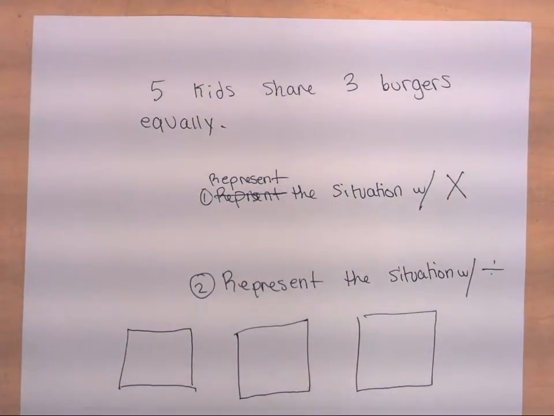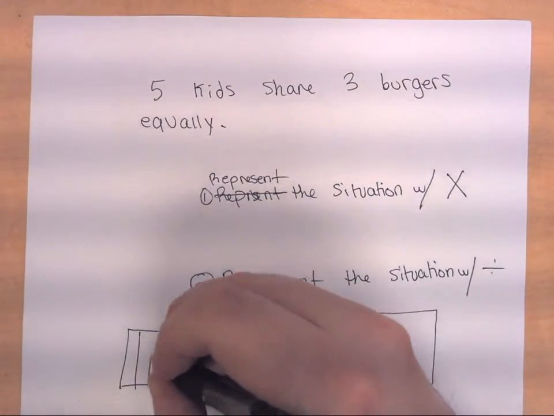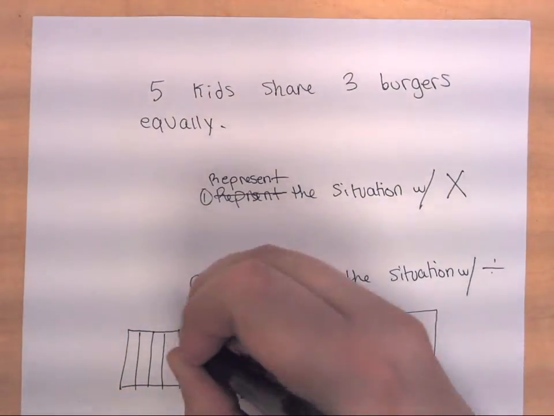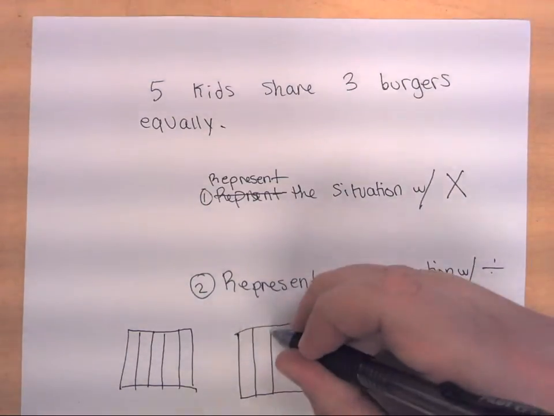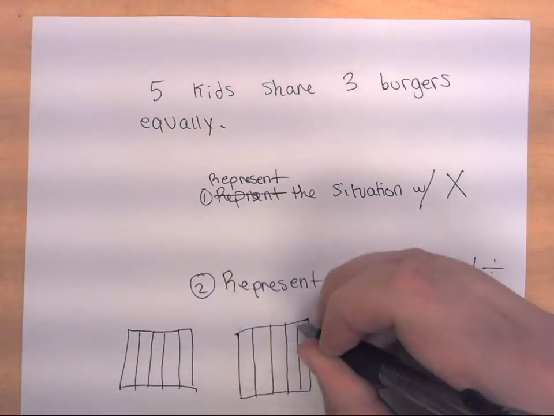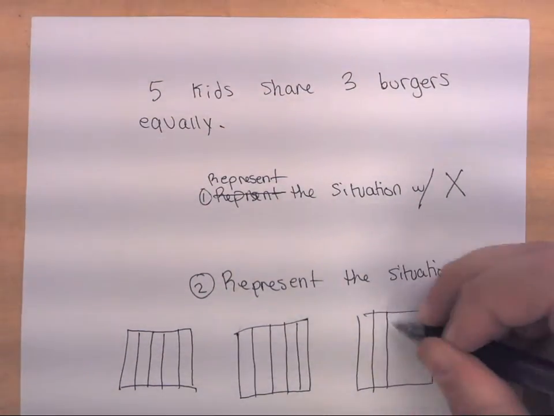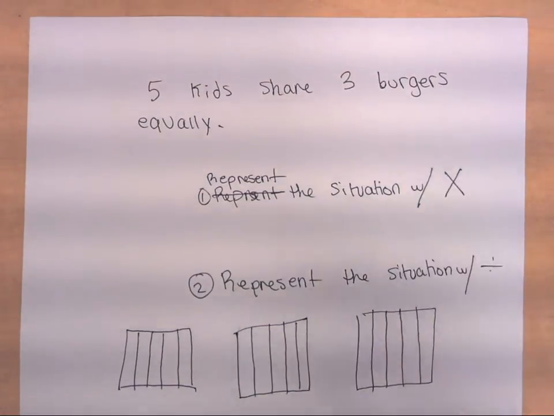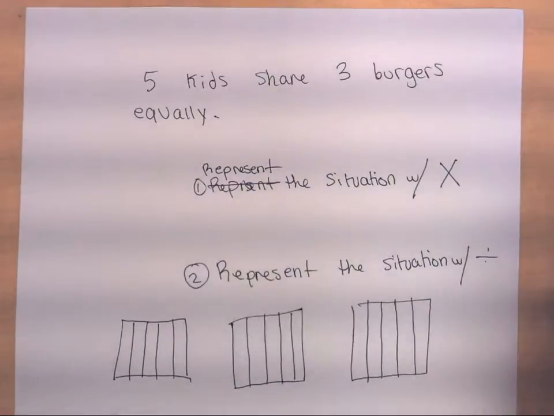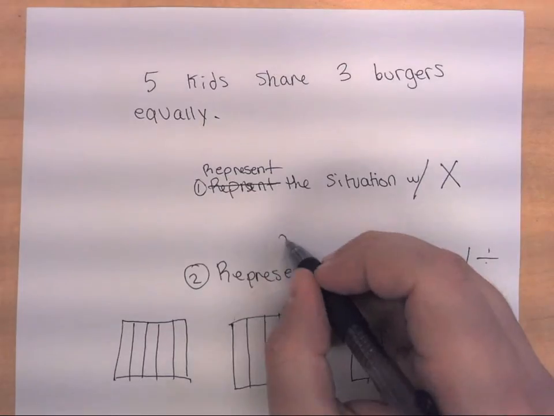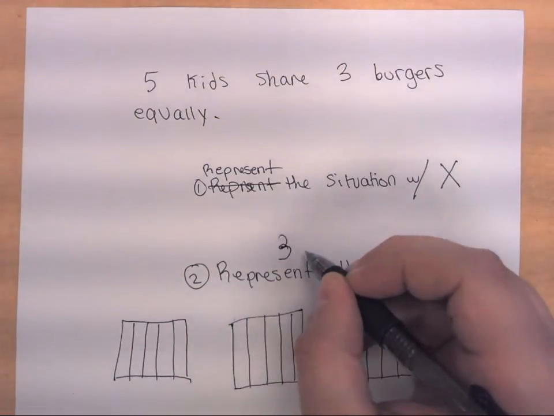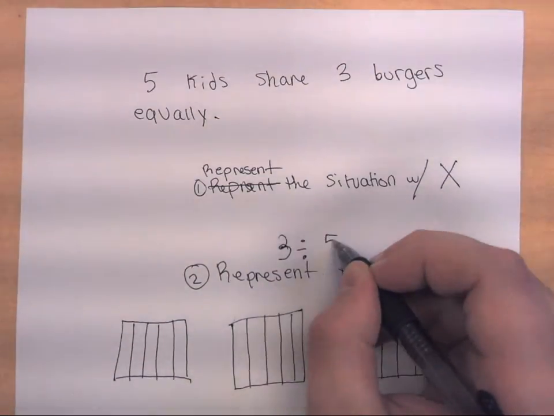And because we're dividing each whole by 5, so that each kid gets an equal amount of burger, what I've done is I've divided 3 burgers by 5 kids.